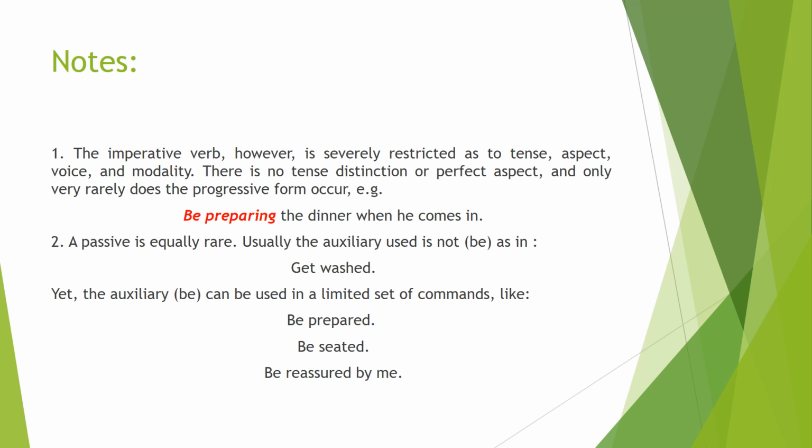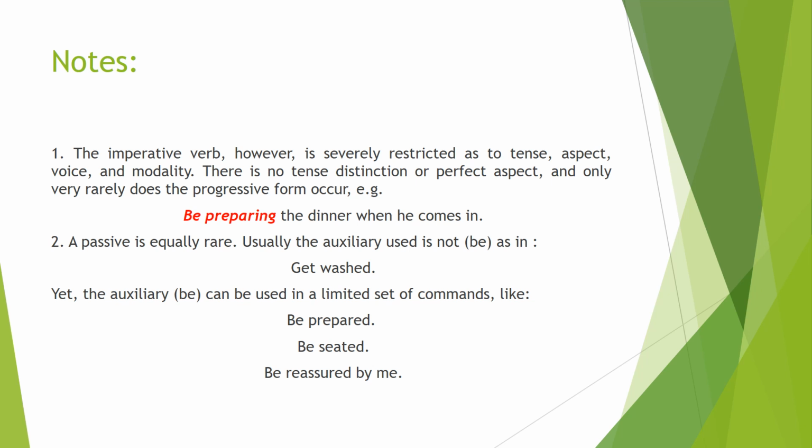Although they say that sometimes we can also use "be" as an auxiliary to make commands passive, here we are using "be" only in a limited set of commands, like "be prepared," "be seated" (for example, instead of "take a seat," we say "be seated"), and "be reassured by me."